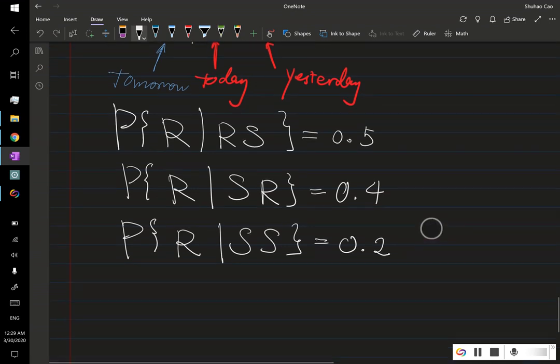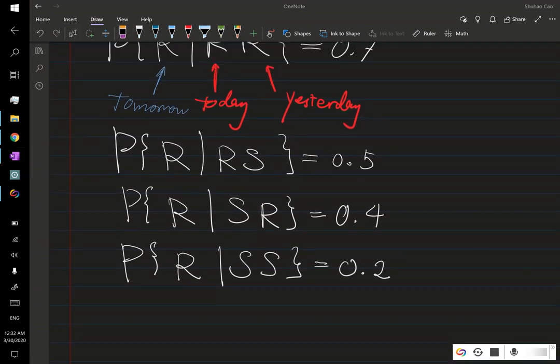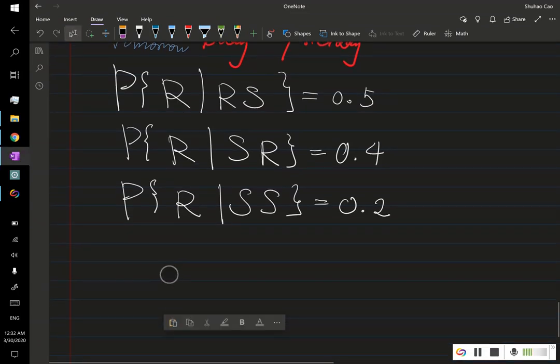Upon this setting, first of all, this is not a Markov chain because the dependence is not with your immediate neighbor.